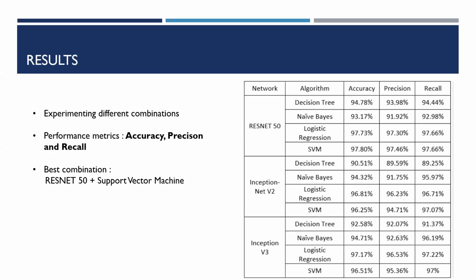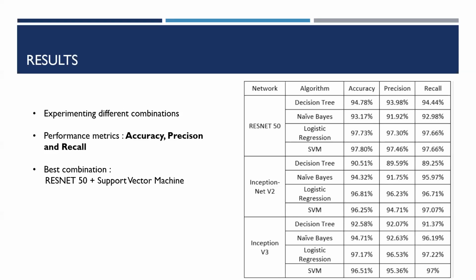There are totally 12 combinations possible. We trained and tested the model on our data, and we took the model which offered the highest accuracy, precision, and recall. These were the performance metrics which we took to evaluate the model.